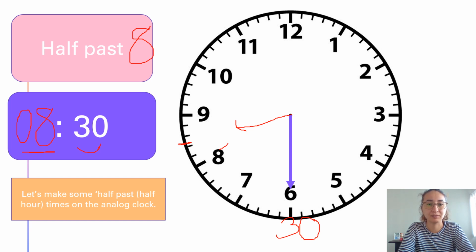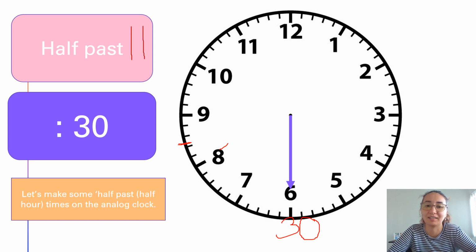Here, I'll rub this one out, and I'm going to show the 11:30. Ooh, tricky. So the minute hand, the long hand, is on the 6. We're going to make the short hand 11:30.